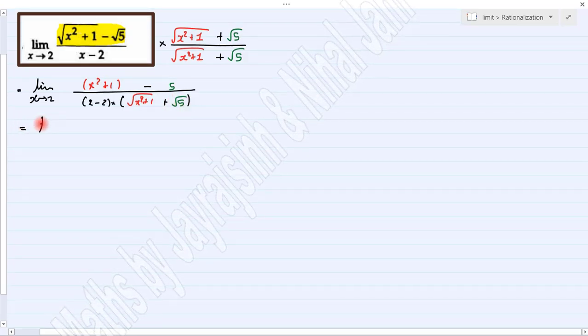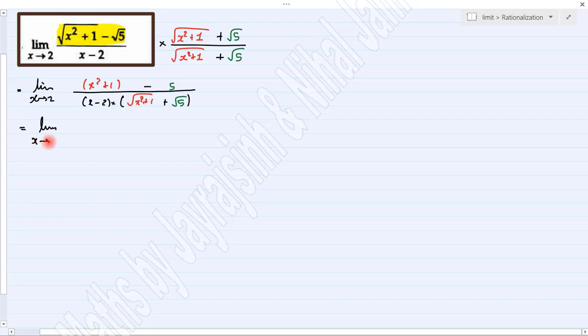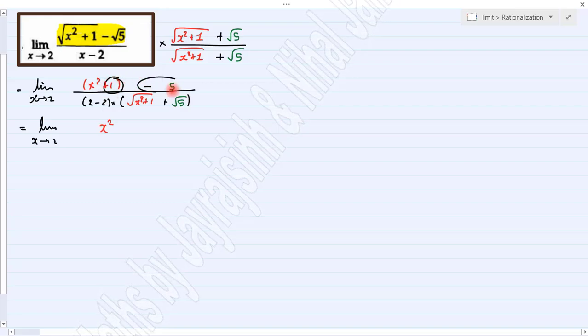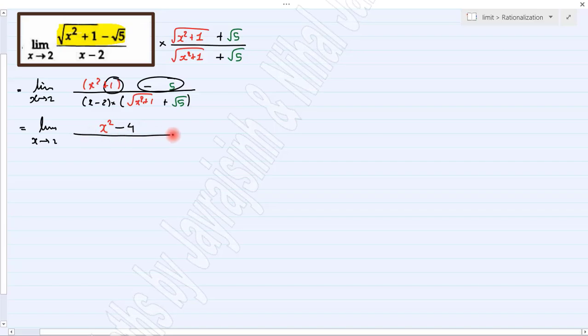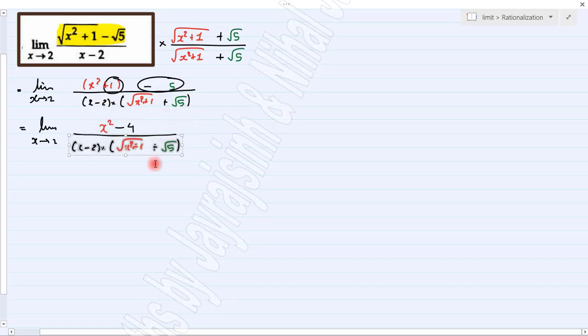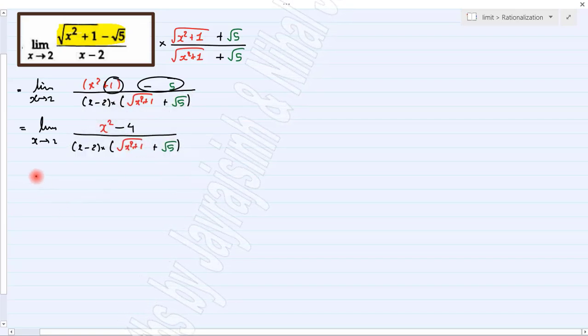Now, limit x tends to 2. In numerator, we will get x square; this plus 1 and minus 5 will become minus 4, upon x minus 2 into under root of x square plus 1 plus root 5, which will be as it is.